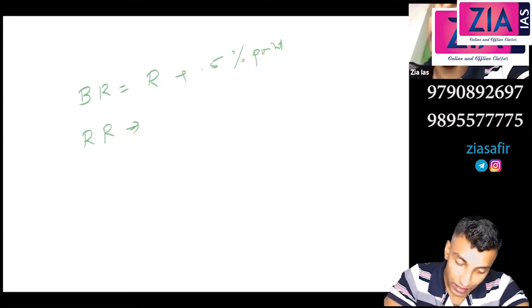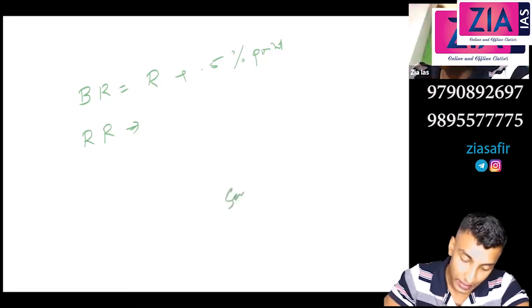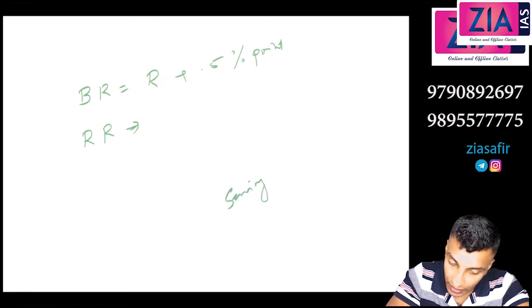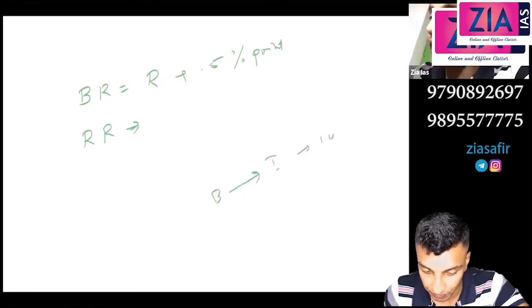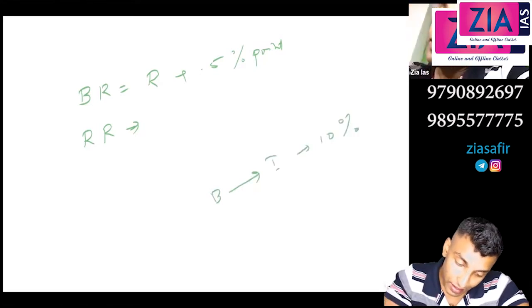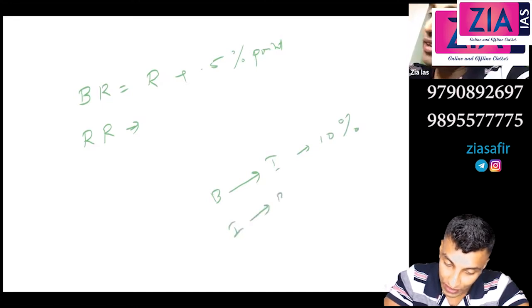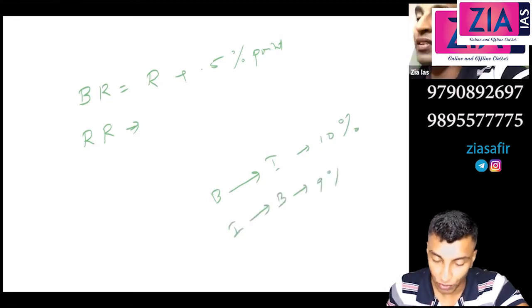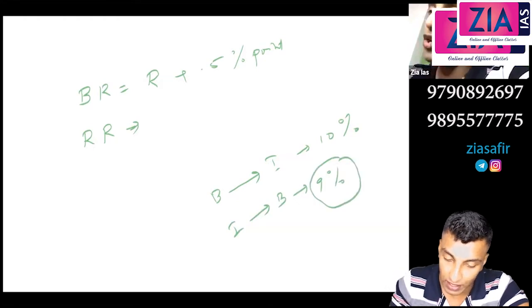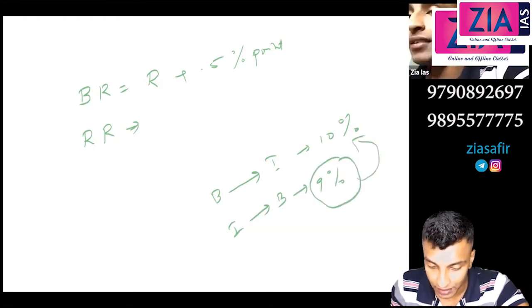Okay, for example, you are depositing in a bank. The bank gives you interest, let's say 10% when you deposit, and you are getting funds from the bank at 9%. What will happen here? You borrow from the bank at 9% and you deposit in the bank at 10%, right?